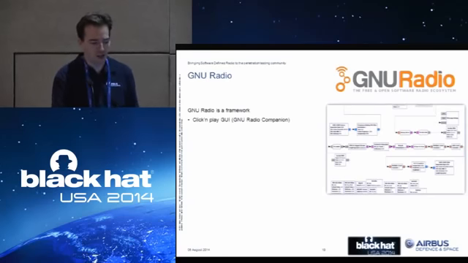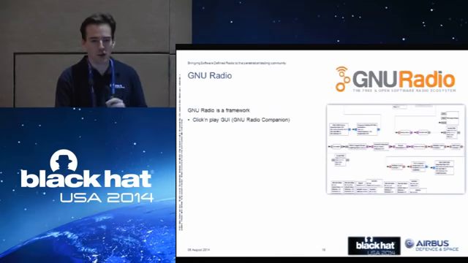So GNU Radio, it's a framework. You have a click-and-play GUI, which is called GNU Radio Companion, where you can just assemble basic blocks. Those are the pictures you can see on the right. You just have basic blocks that do specific computation, and you just connect them together to do what was done in a DSP, for example, in a digital signal processor.